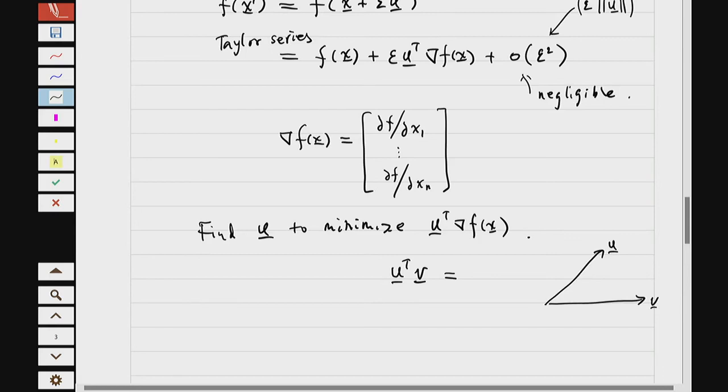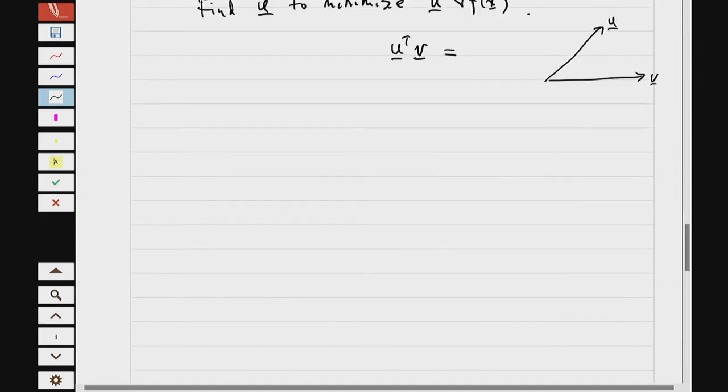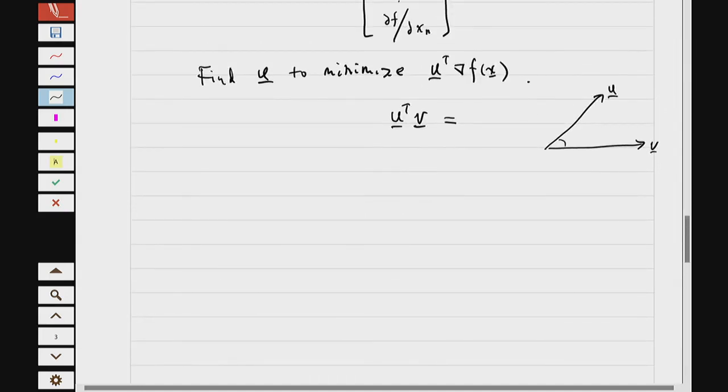The projection of one of them multiplied by the norm of the other. If there's an angle theta here, then this thing turns out to be the norm of u multiplying the norm of v, and then cosine theta. That serves as a projection, if you will.